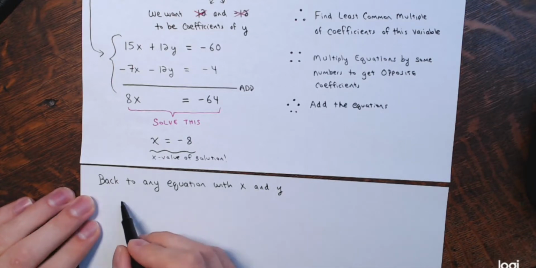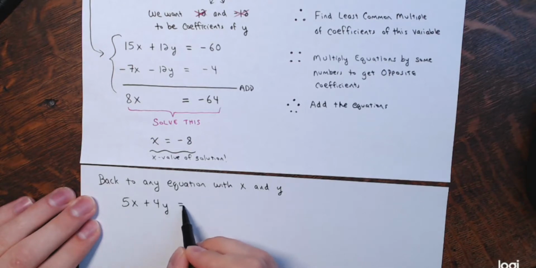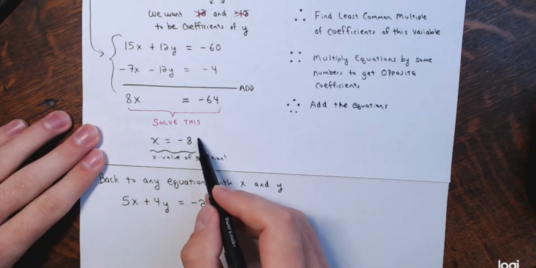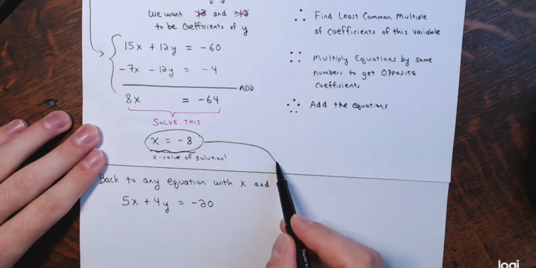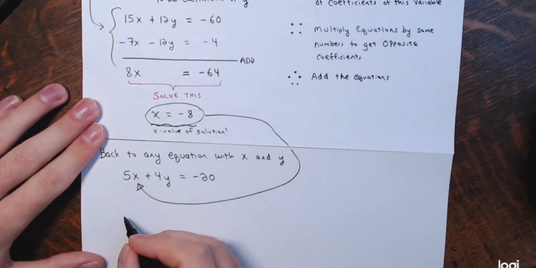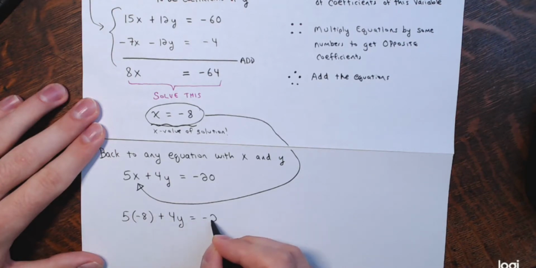So say the first one, 5x plus 4y was equal to negative 20 in the first equation. And I substitute x equals negative 8. I am substituting this for x in this equation. So now this becomes 5 times negative 8 plus 4y equals negative 20. And then we solve for y.